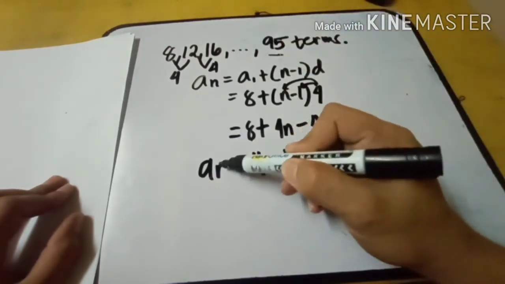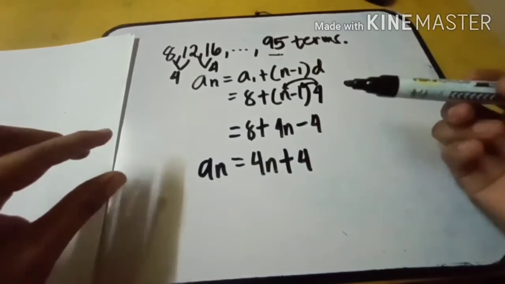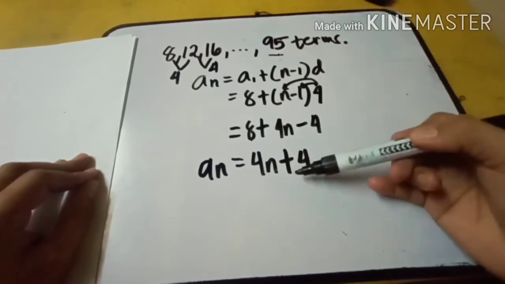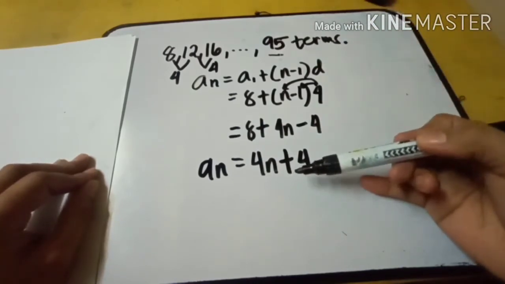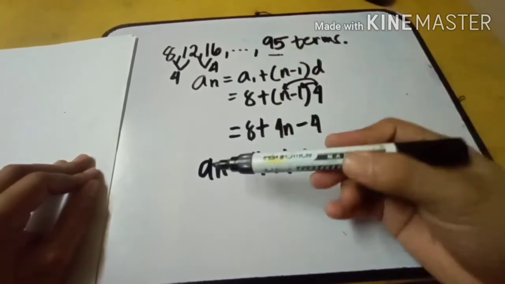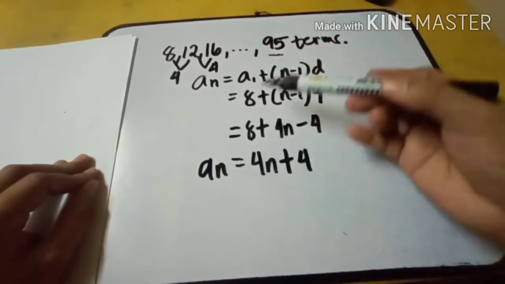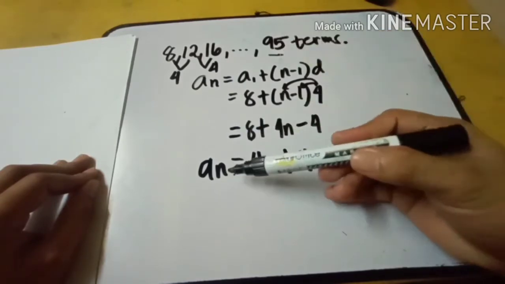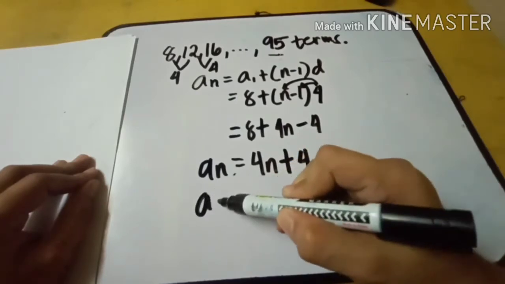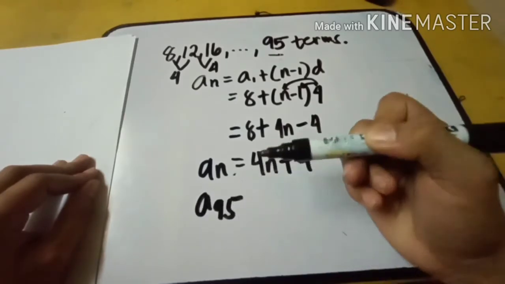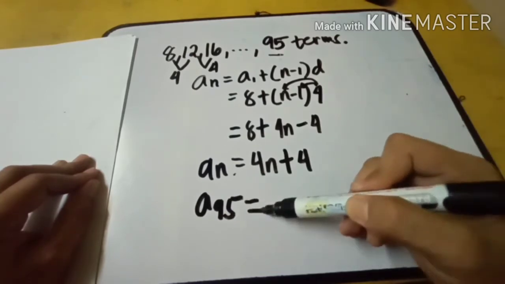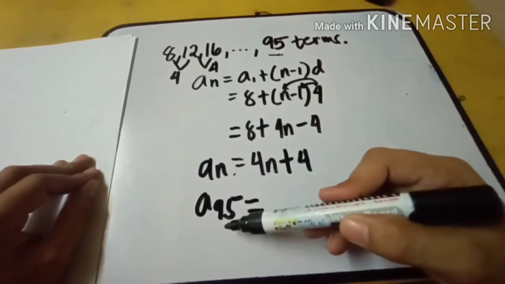So, we can automatically find the value of the 95th term by using this formula. We simply substitute 95 for the variable n because we are referring to the 95th term. So we have here a sub 95, because we are going to find the value of the 95th term. So our n simply is 95.